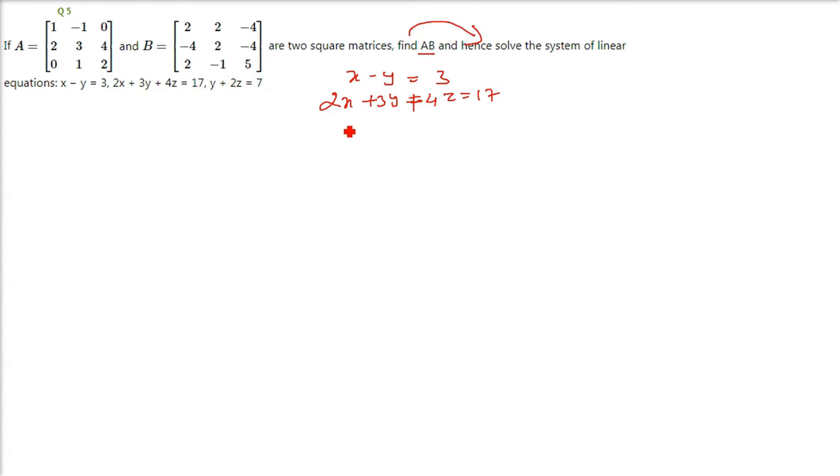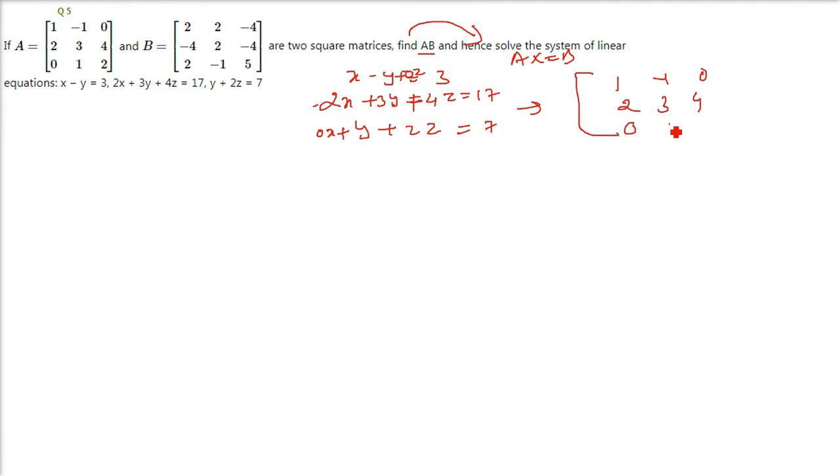So what do you get here? You get a system of linear equations, and if I write the A matrix for these three equations, wherever the values are not there, I'm putting 0. So when I make a matrix Ax equals B, what will be A in this case? 1, minus 1, 0, 2, 3, 4, and 0, 1, 2.